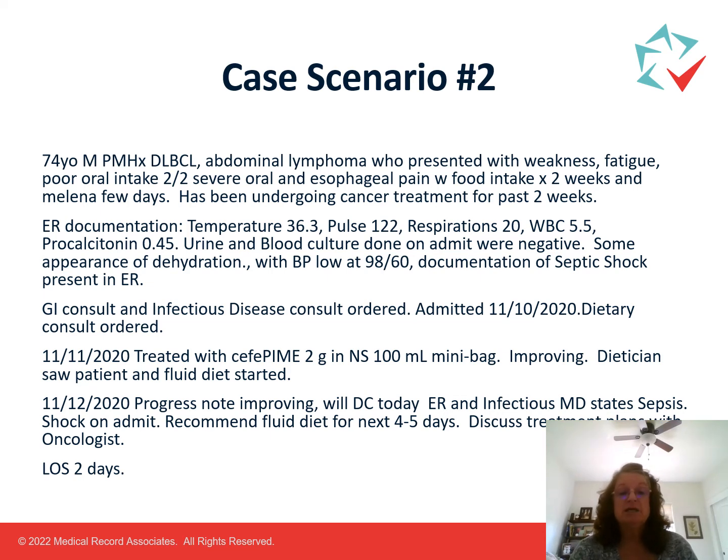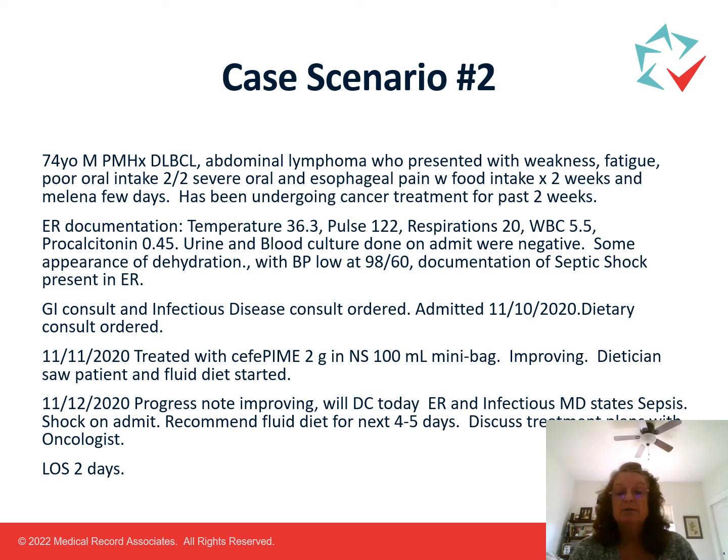The ER documentation shows a temperature of 36.3, pulse 122, respirations 20, WBC 5.5. Urine and blood cultures done on admit were negative. There was some appearance of dehydration with a low blood pressure of 98/60, and documentation of septic shock present in the ER. A GI consult and an infectious disease consult were ordered.